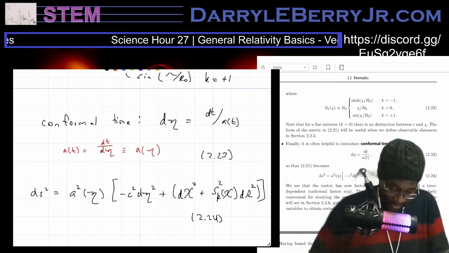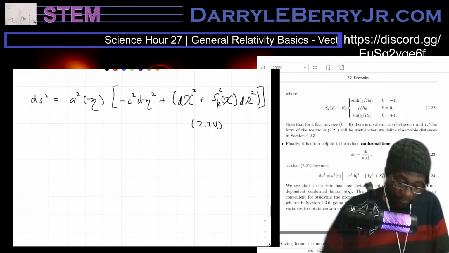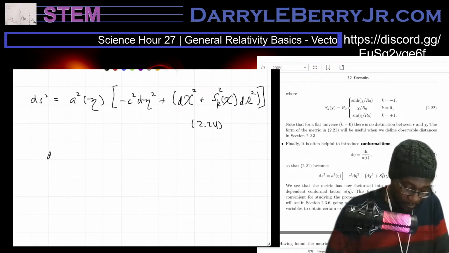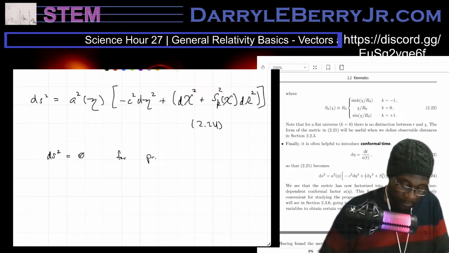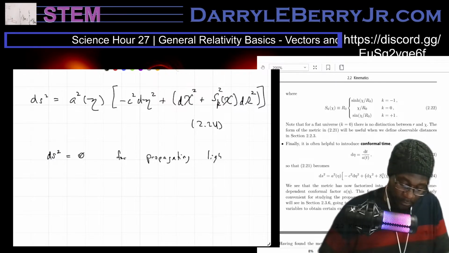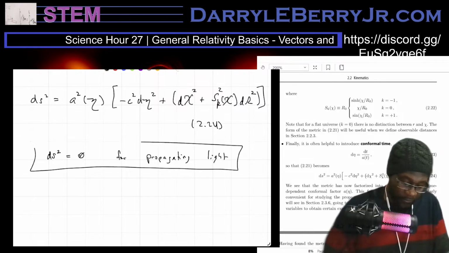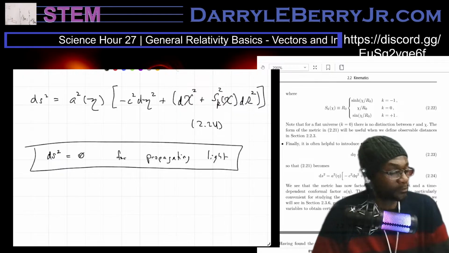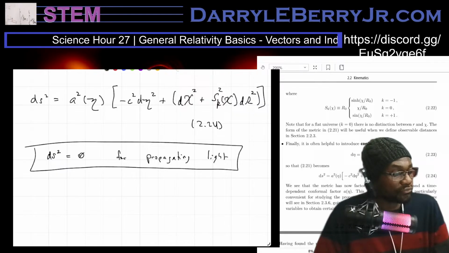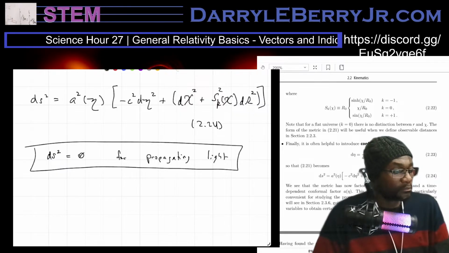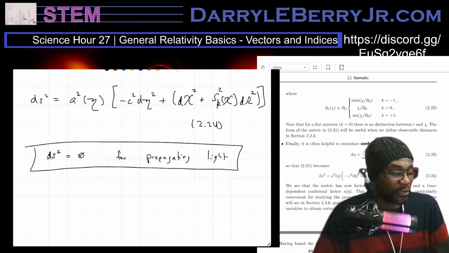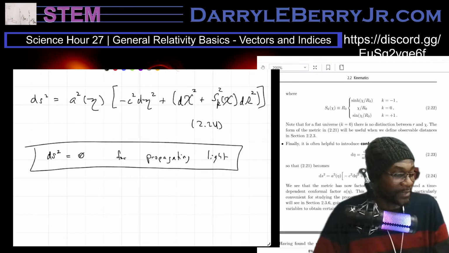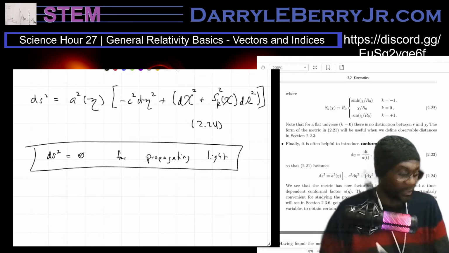We have to think about that. ds squared equals 0 for propagating light. As we will see in section 2.3.6, going to conformal time will also be a useful change of variables to obtain certain exact solutions to the Einstein equations.